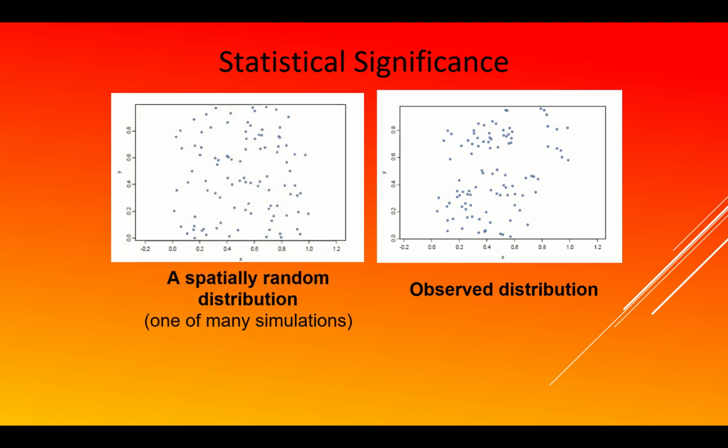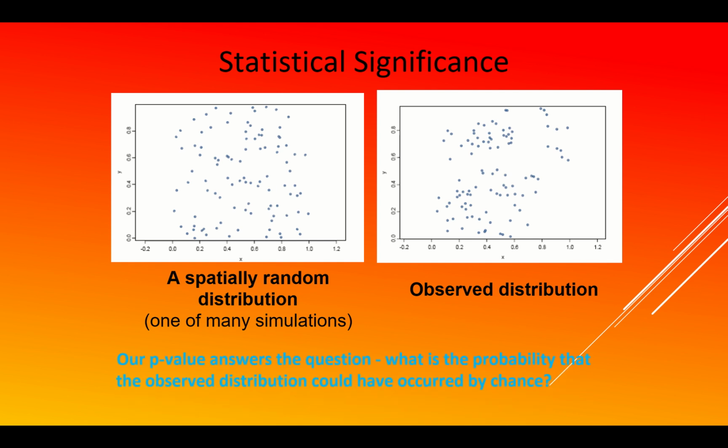And you're comparing that to a spatially random distribution, which is auto-generated by GeoDa. So GeoDa will, based on how many permutations you set, whether that be 499 or 999, do all of those permutations, those calculations of a spatially random data set, and compare them to your observed distribution to see if your observed distribution is significantly different from the 499 or 999 permutations.